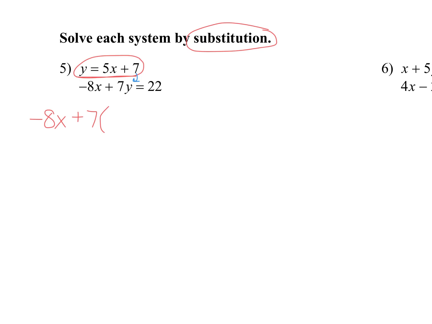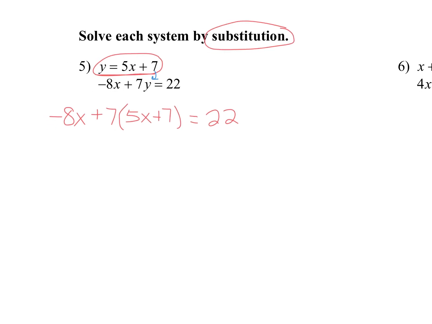Put your parentheses in there, and then I'm literally taking that whole equation and putting it in. So I have negative 8x plus 5(7x plus 7) equals 22. What's the first step I should do when I simplify this? Distribute here. So we have negative 8x plus 35x plus 49 equals 22.